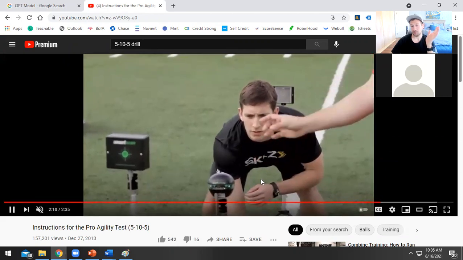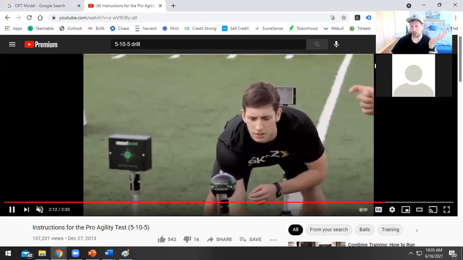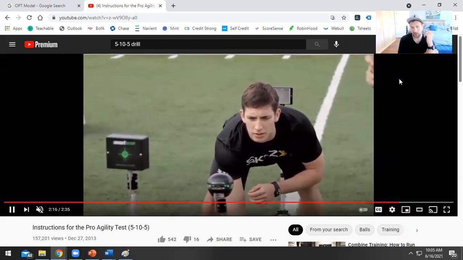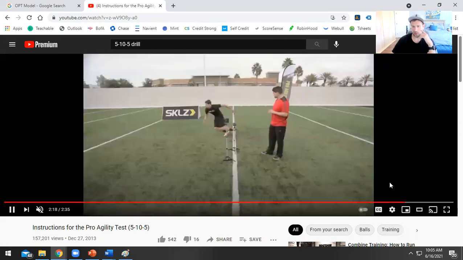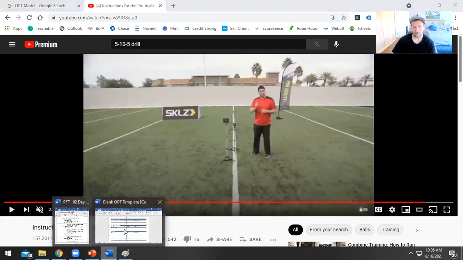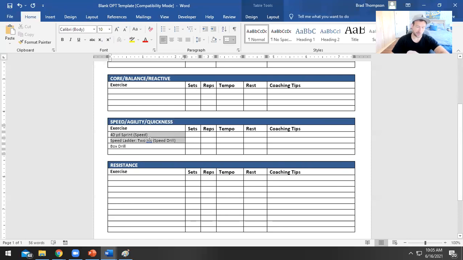This is a very short drill, but it's a very good one for agility. And then you are going to sprint, touch, and then sprint, and then just power through the end. And that's the whole drill. So that's the 5-10-5 drill. So now we've got 2 speed drills and an agility drill.